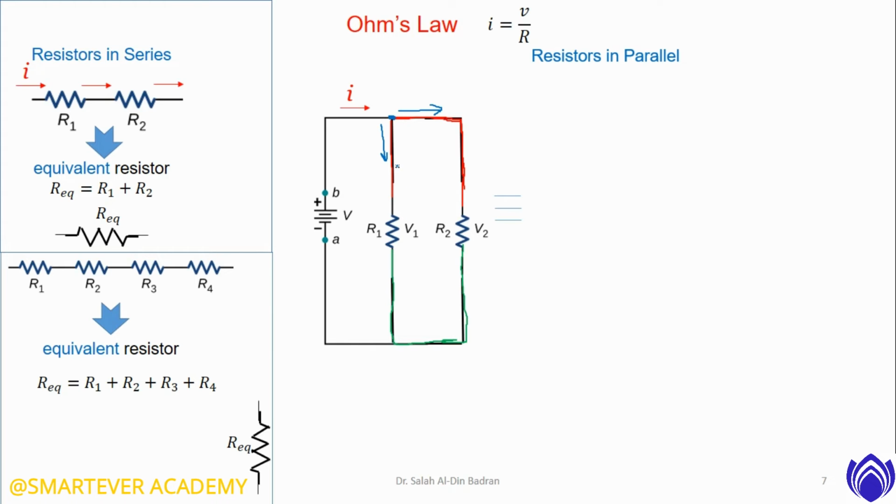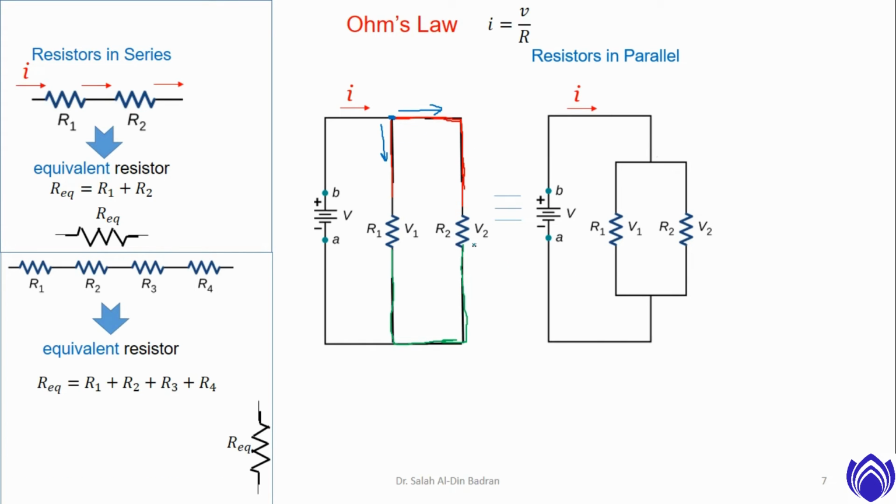Why? Because we have this branch and this branch. So we have here the current I1 for R1, and here the current I2 that flows through R2.